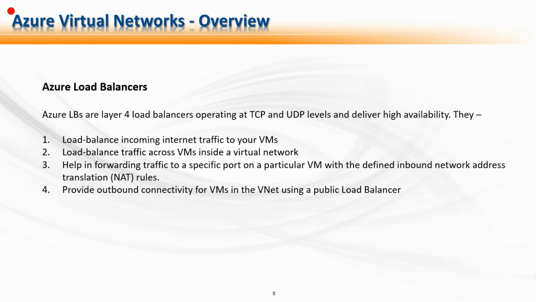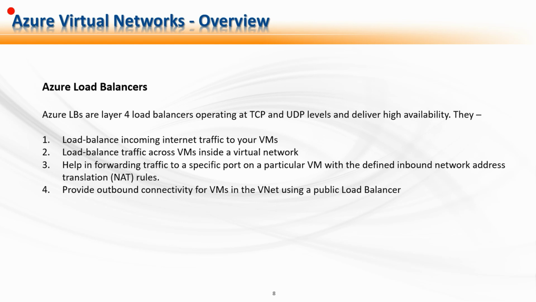The external load balancers manage the incoming traffic from the public internet, whereas the internal load balancers manage the traffic coming from virtual machines and going to other machines within the same virtual network or a different virtual network. But they are internal, private to the virtual network, private to your subscription within your resource group.